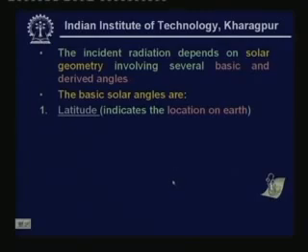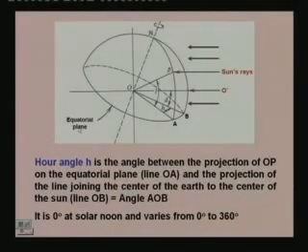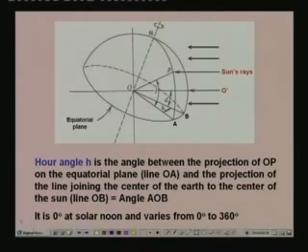The second basic solar angle is what is known as the hour angle, and this indicates the time of the day. So, how is this defined? Again referring back to the same figure, the hour angle H is defined as the angle between the projection of OP on the equatorial plane, where OP is the line joining point O, the center of the earth, and the position of the observer P, and its projection is, as I have said, OA.